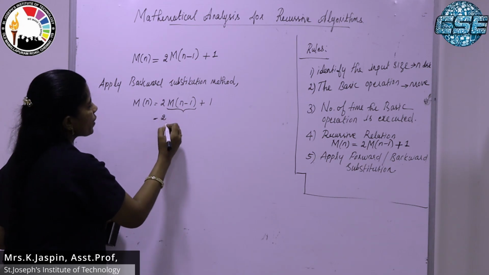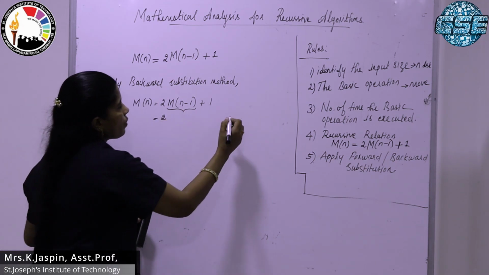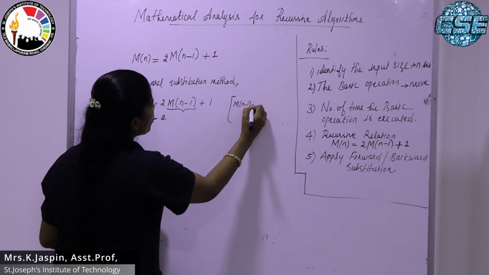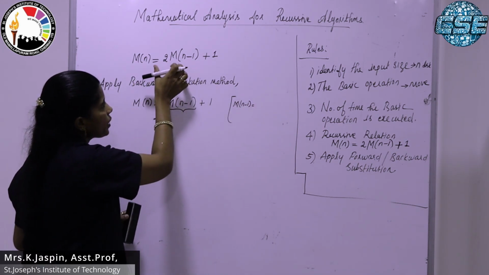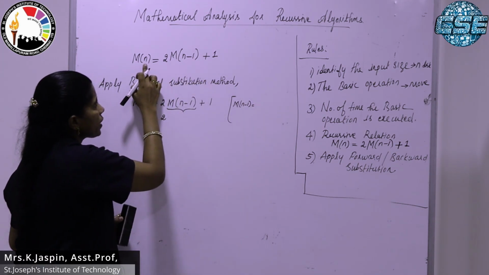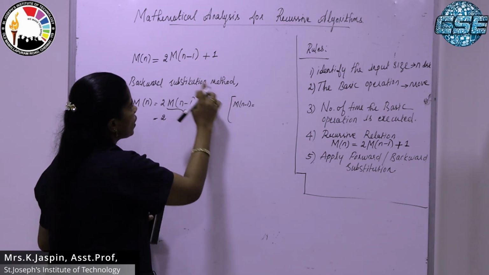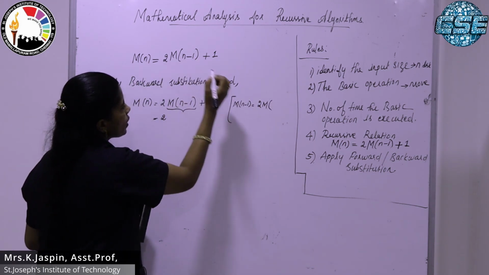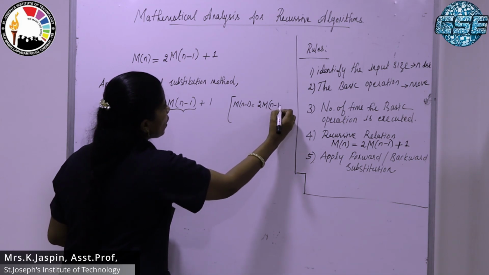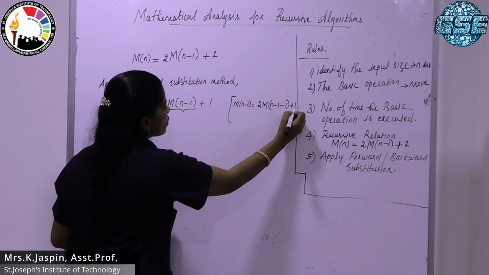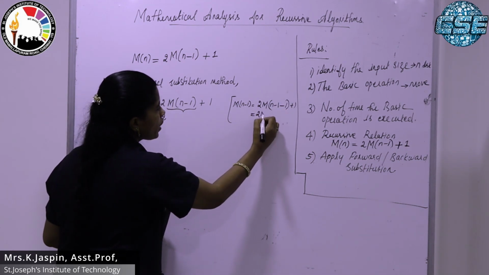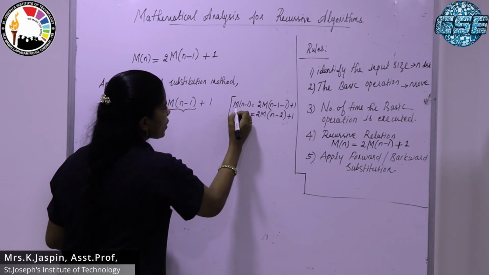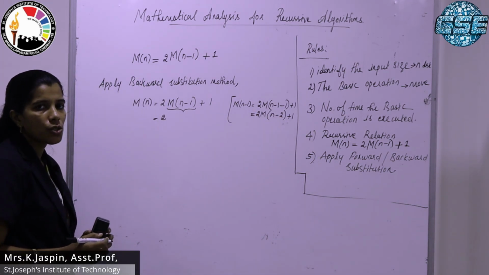So we can calculate it here: M of n minus 1 is equal to, just apply this equation here, instead of n we substitute n minus 1. So 2 of M, instead of n I have given n minus 1 minus 1, plus 1. So I will be getting 2 M of n minus 2 plus 1. This is the value of M of n minus 1.